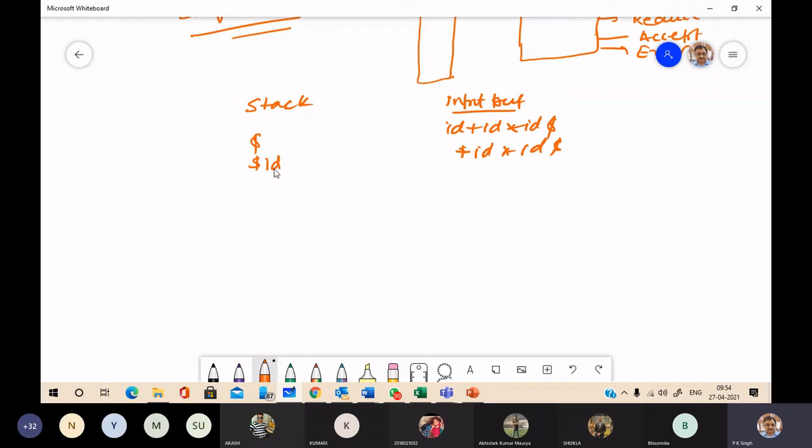Now it will look for the match of the right side of the production. Actually, it will not look for a match of the right side of the production; it will look for the handle in the string.